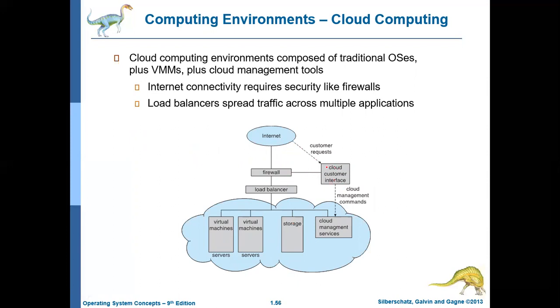Here the user requests a service. For example, if the user requests storage, the request comes through the customer interface to the cloud management, and then the cloud management will provide the certain amount of storage he requests, depending on the pay. The cost involved will also be taken care of.